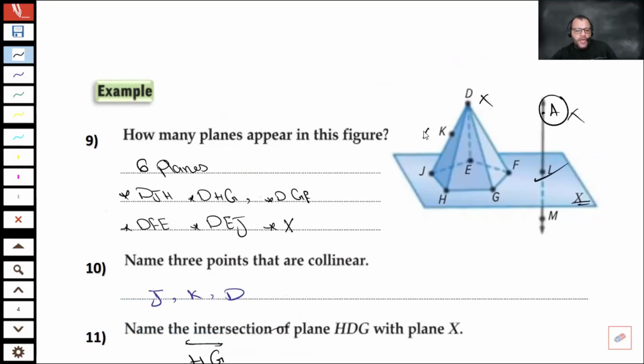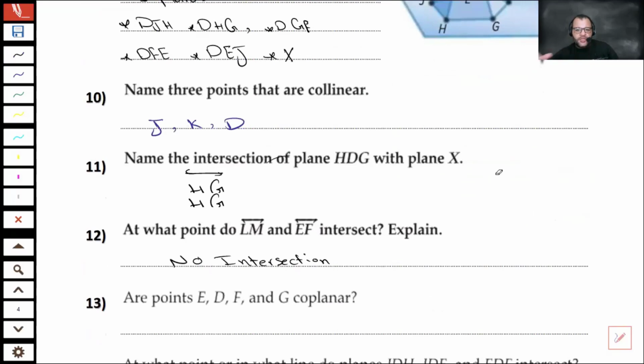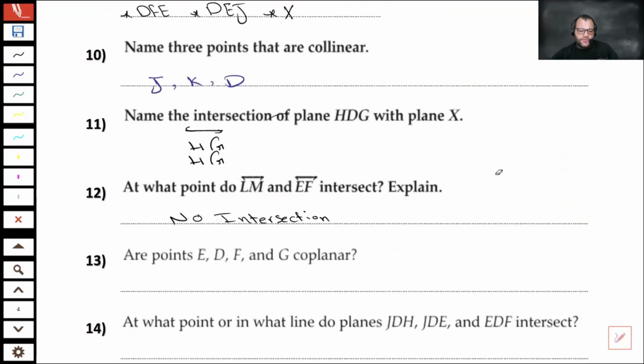D is not, K is not. And M? M does not belong because it's below the plane. So everything on the plane is drawn on the plane, not above, not below.